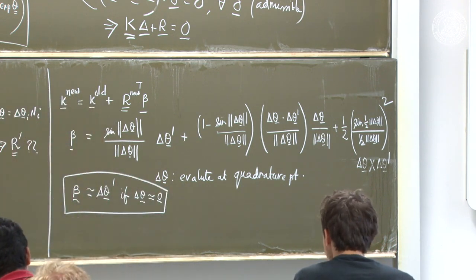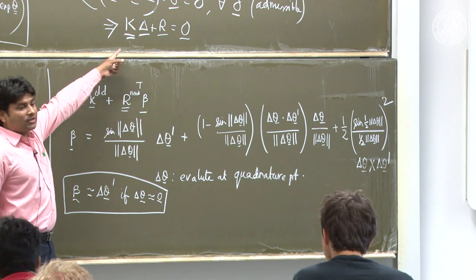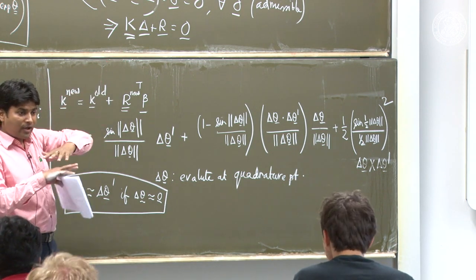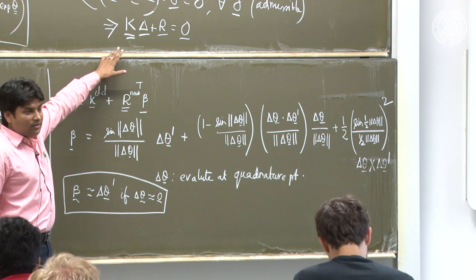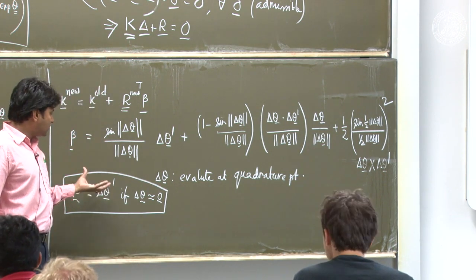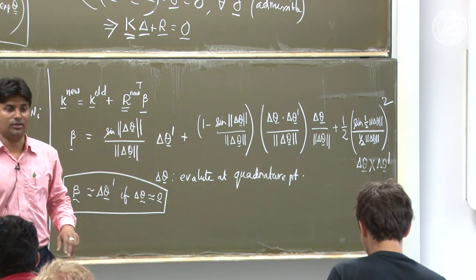Otherwise, no. Because in your Newton-Raphson, the delta need not be small, it will make a finite excursion. So the curvature update you have to do accurately. This is how you do your updating.